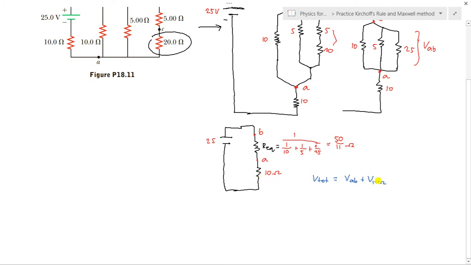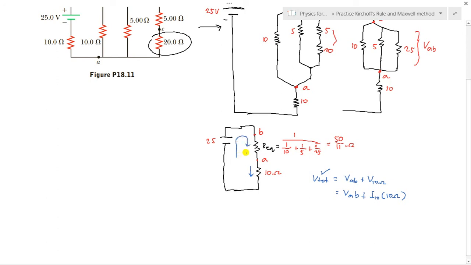Given V total, VAB is not given, so we can solve for it. But V10, the voltage at this 10 ohm resistor, is equal to the current I10 times the resistance 10 ohm. But we don't know the current there. But since this is a series connection, whatever current passes through this resistor is the same as the total current in this circuit.